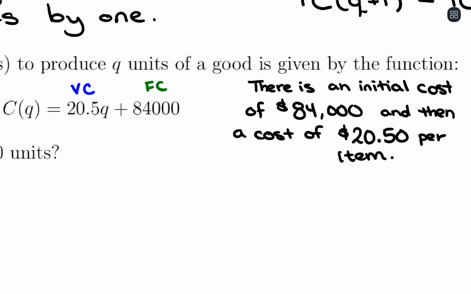So in words, that's what this formula is describing. It's linear, since we just have a value times our variable plus an initial value. So we have our slope and intercept.